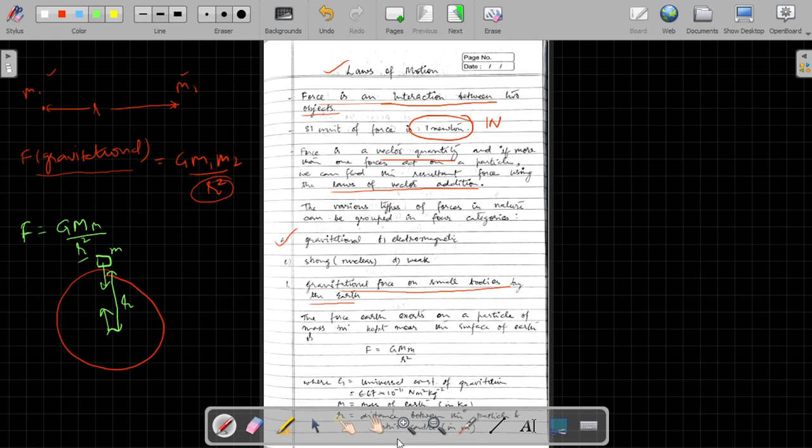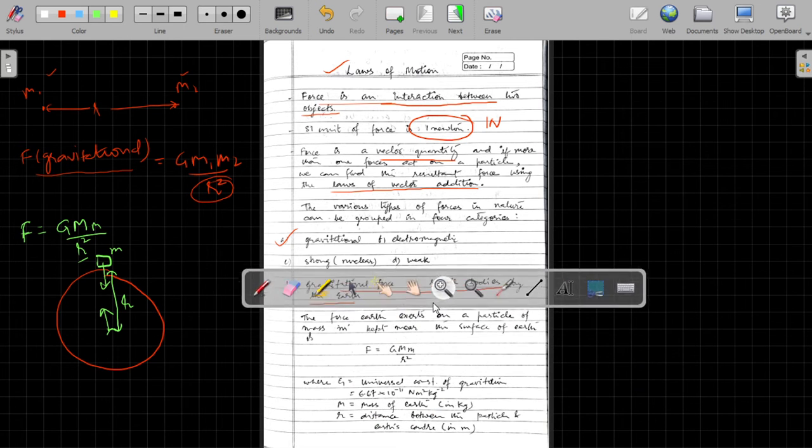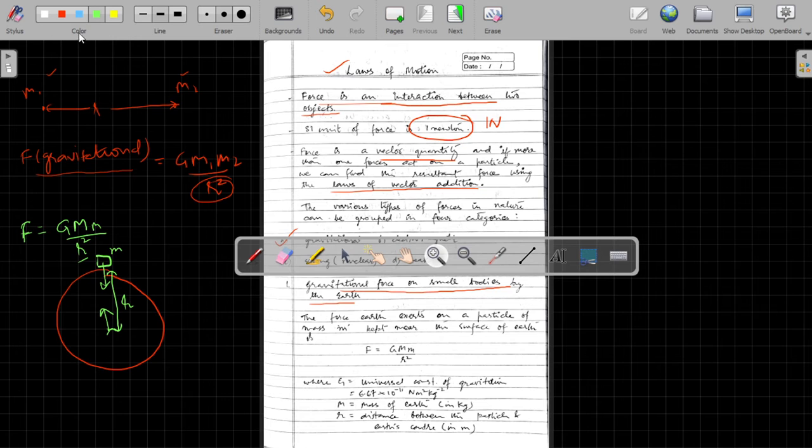We know the value of G, the gravitational constant. The value of the gravitational constant is 6.67 into 10 to the power minus 11 Newton meter square per kg square. And the distance between the body and the particle would basically be the radius of Earth.